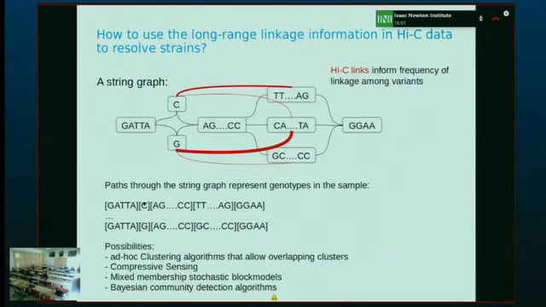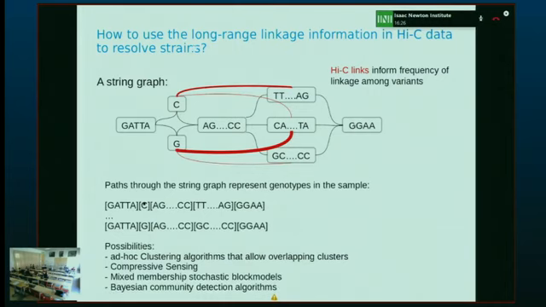Using those weighted edges, you might use simple clustering algorithms, as have already been applied, to try to resolve strain genomes. Or you might do something a little bit more clever, like compressive sensing, or apply stochastic block models, or even some of the Bayesian community detection algorithms that have really started to take off in social network analysis.